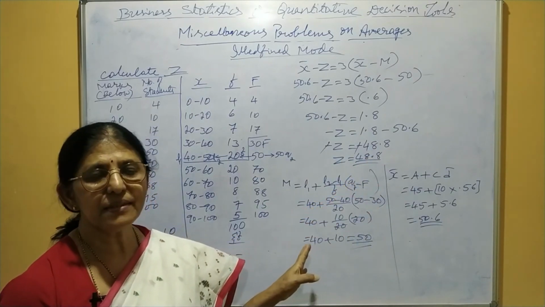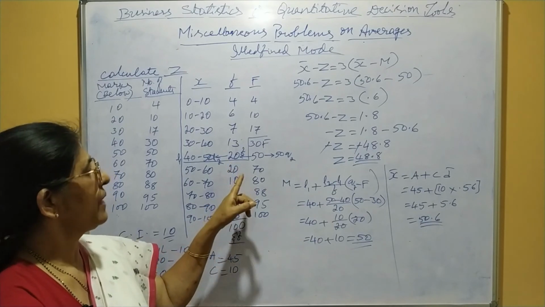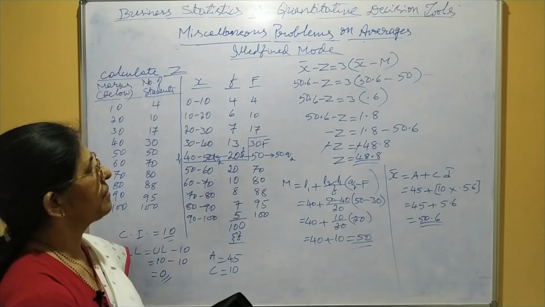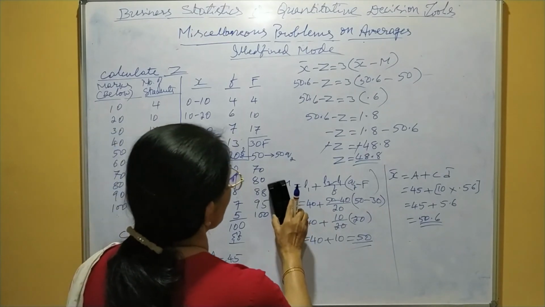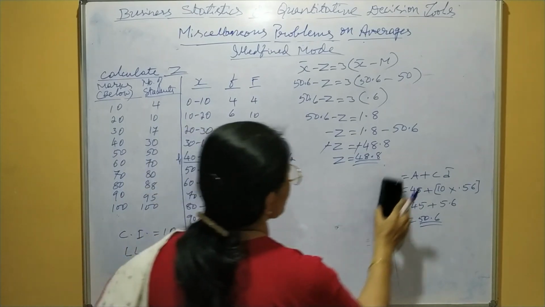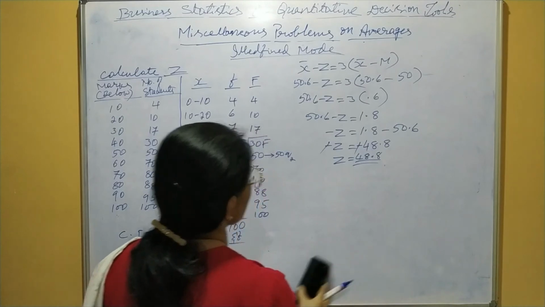Like this, in case of empirical mode or when the mode is ill-defined, we have to apply the formula of relation between mean, median and mode, and also another alternative formula is known to you. I think if that is easy, you may follow that itself.